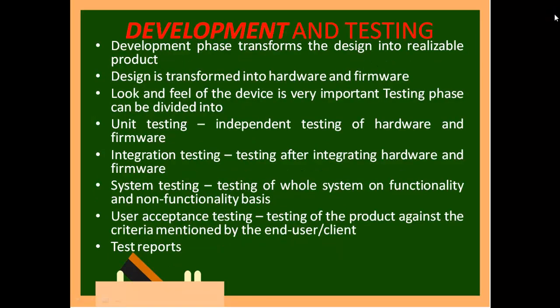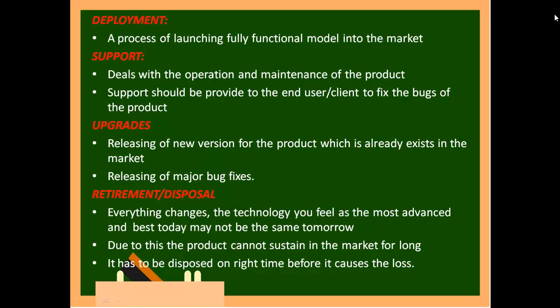Then it goes to development and testing. This is the phase where the real product is made. So only in development is the real product made. Only one product or 2 products or a maximum of 10 products will be made, and these 10 products will be tested in different situations at different parts of the world. So finally the test result will be reported and documented.